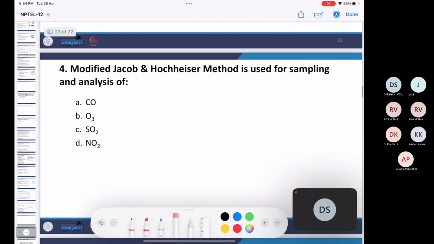Now, next question is, modified Jacobs and Hochheiser method is used for the sampling and analysis of option A, carbon monoxide, option B, ozone, option C, SO2, and option D, NO2. Anyone?